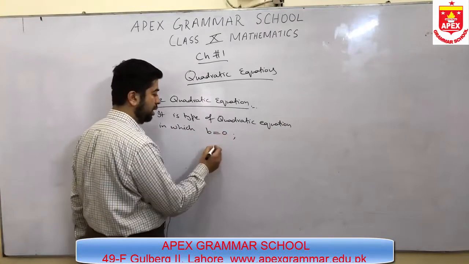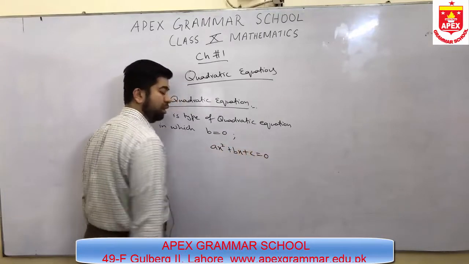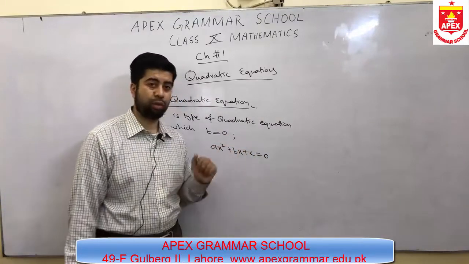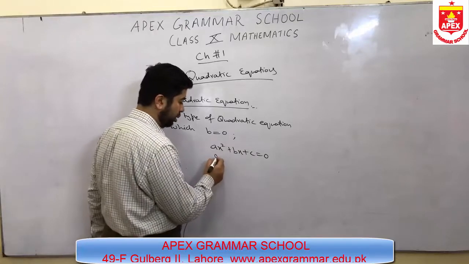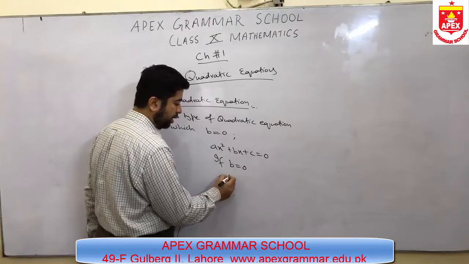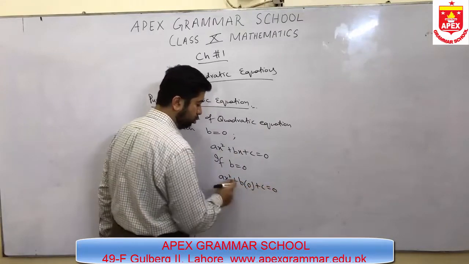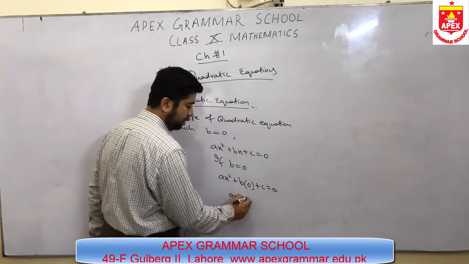That means ax square plus bx plus c is equal to 0 is the general form of the quadratic equation. But if b is equal to 0, then ax square plus b into 0 plus c is equal to 0, so now ax square plus c is equal to 0.